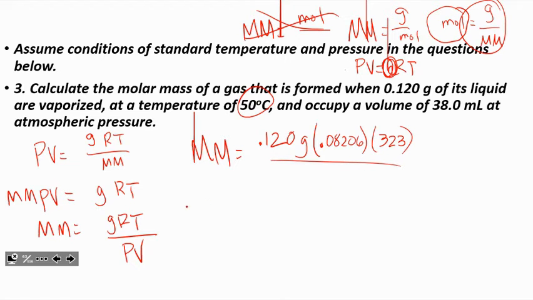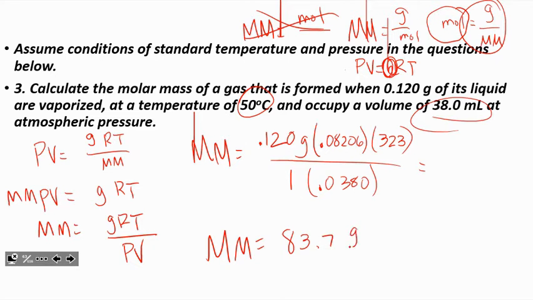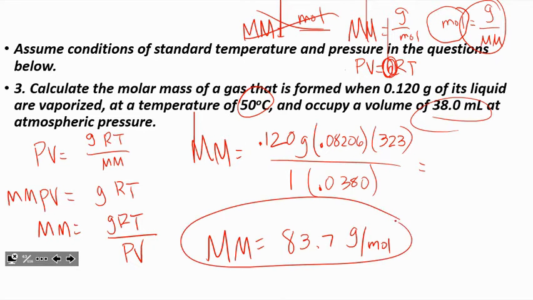Then I'm going to divide that by my pressure, which was given as standard, so 1. And then we multiply that times this volume, which has to be in liters, so 0.0380. When we do that, we end up with a molar mass equal to 83.7, and that's grams per mole, and that is your final answer.